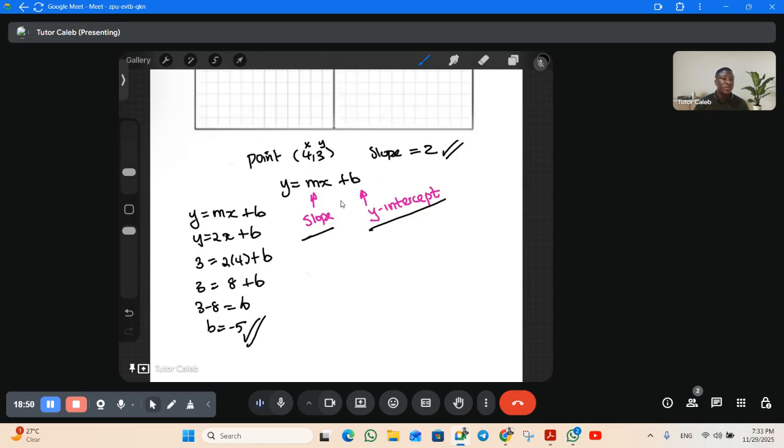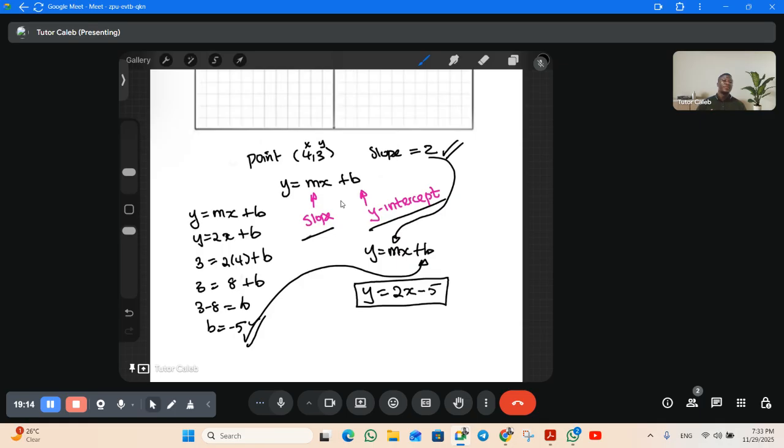We plug in our slope and our y-intercept, so we get y equals 2x minus 5. This is our answer: the equation of the straight line that passes through the point 4, 3 and has a slope of 2.